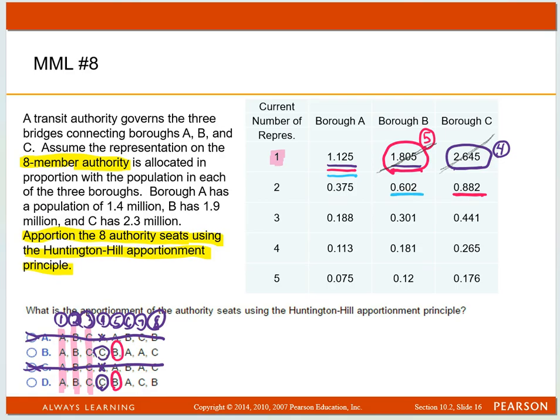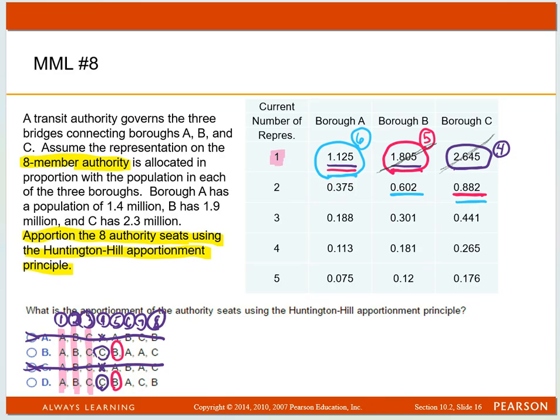And now under borough B, I have to look at their 2nd Huntington Hill number because they've been given another seat. So their current representation is 2. They've got 2 now. And then compare it with this one. And of those 3 numbers that I underlined in that blue color, the largest one is this one. So borough A is going to get the 6th seat.